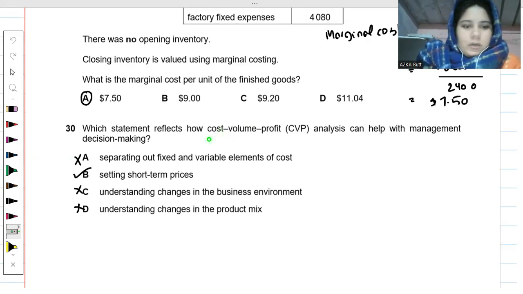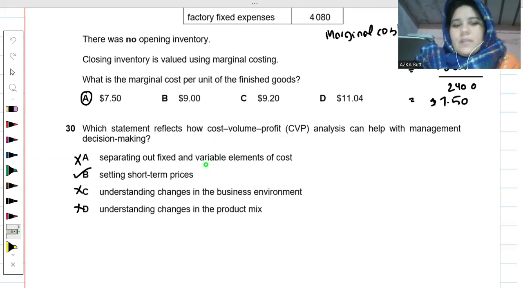There are 4 options. In the first option, the examiner says separating out fixed and variable elements of cost. We know that in CVP analysis, we are not supposed to separate the fixed and variable cost elements. So this is not the option.